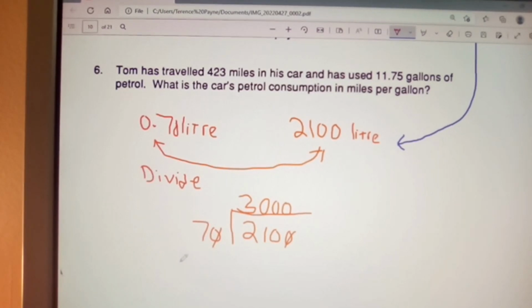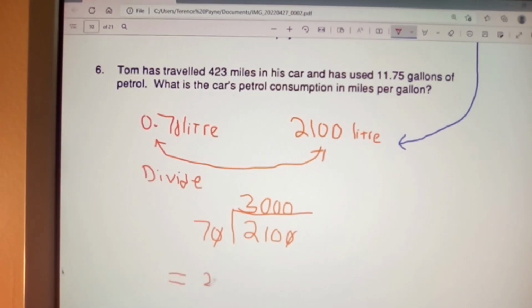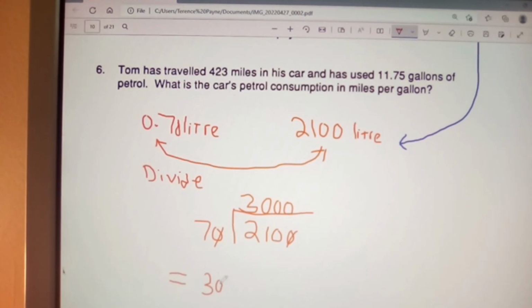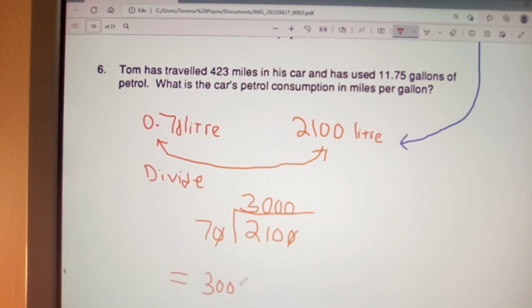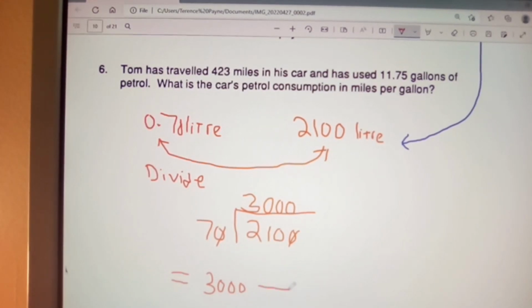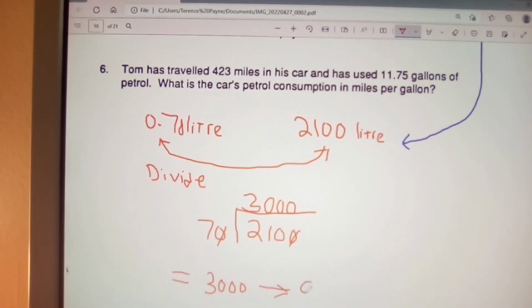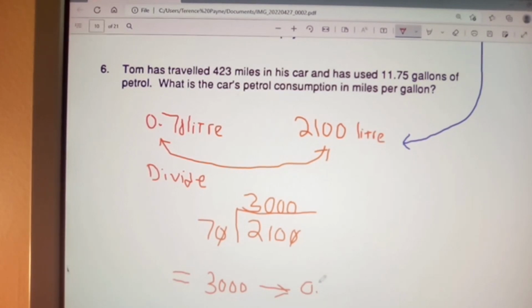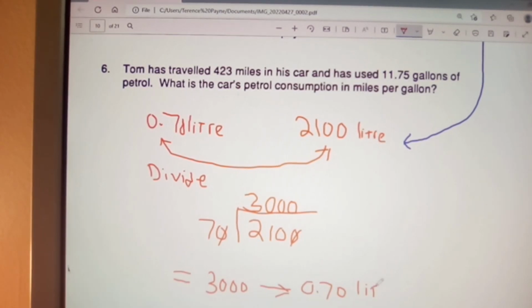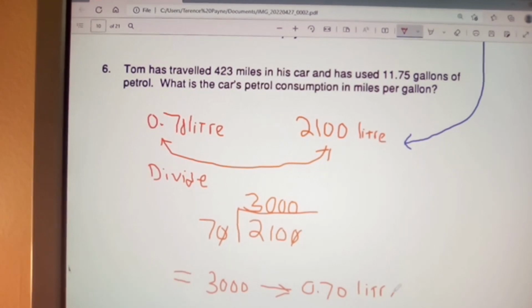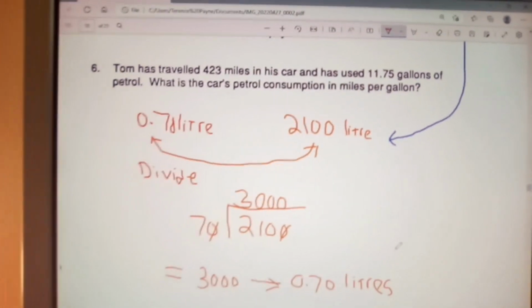So therefore, from my 2100 liters, I can get 3000 of the 0.70 liter bottles. That's what we would be getting.